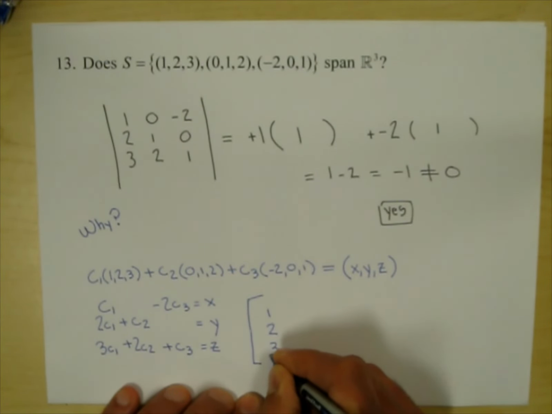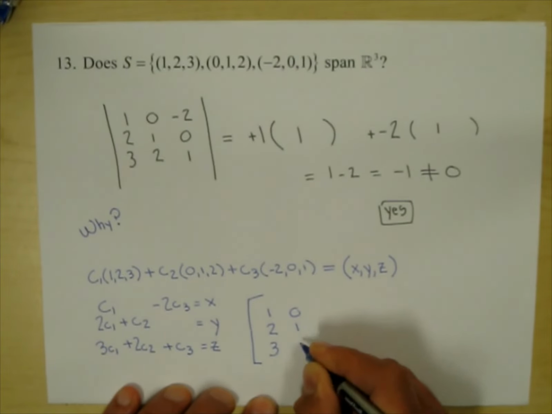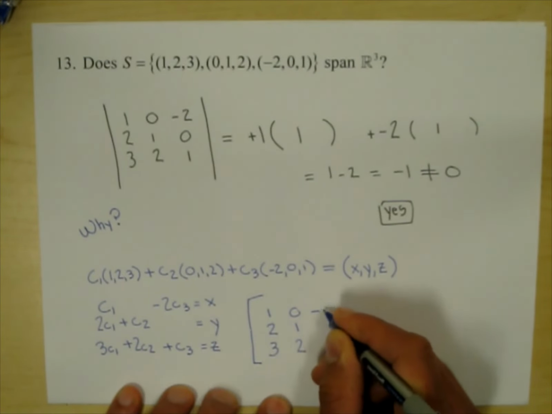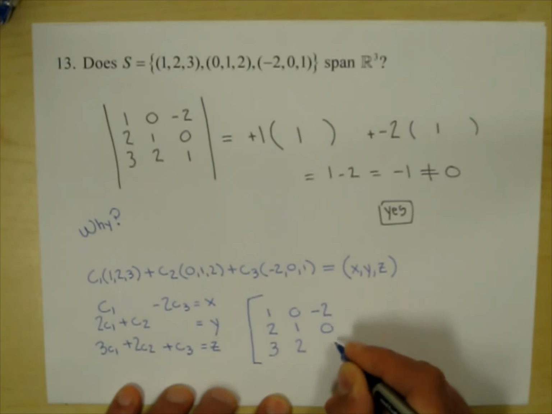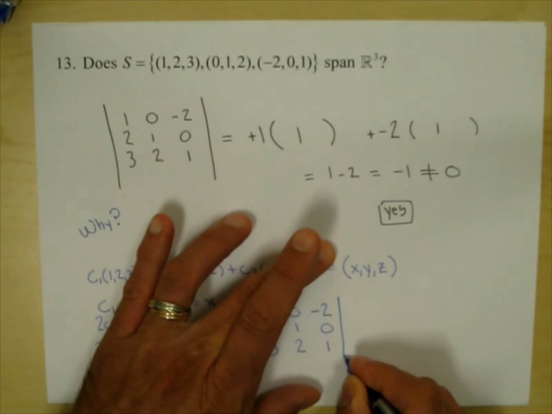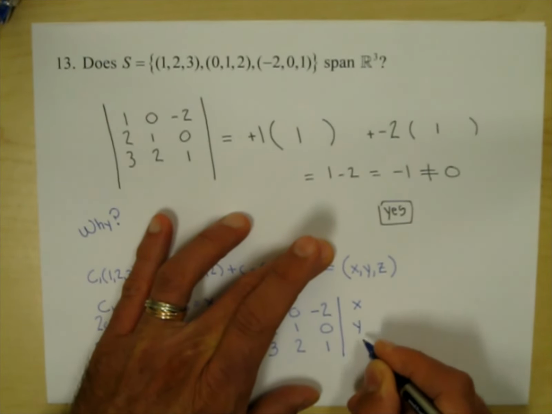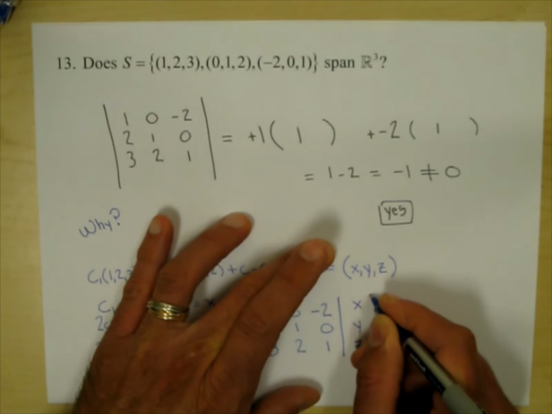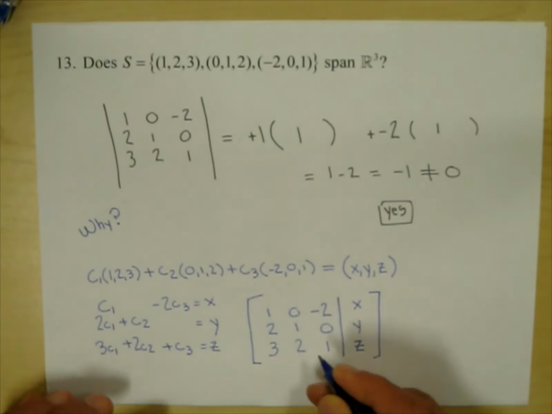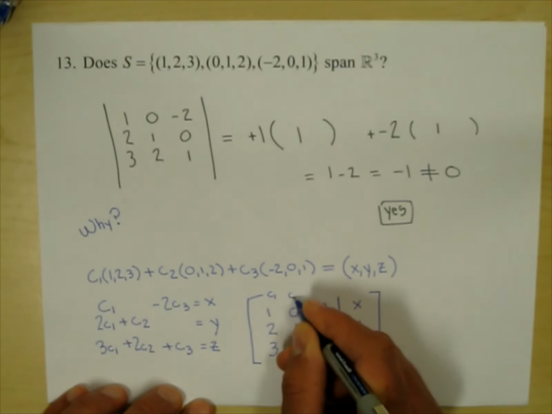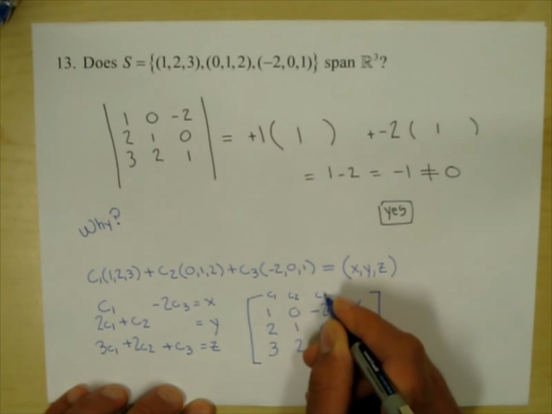I'm doing the columns 1, 2, 3, and then 0, 1, 2, and then negative 2, 0, 1. Here's X, Y, Z. And this is C1, C2, C3.